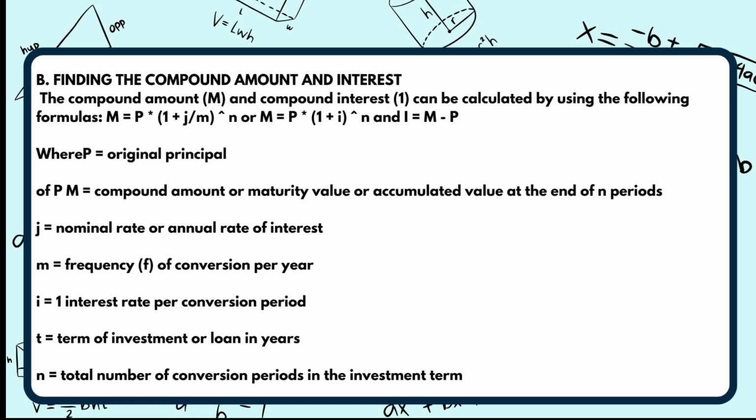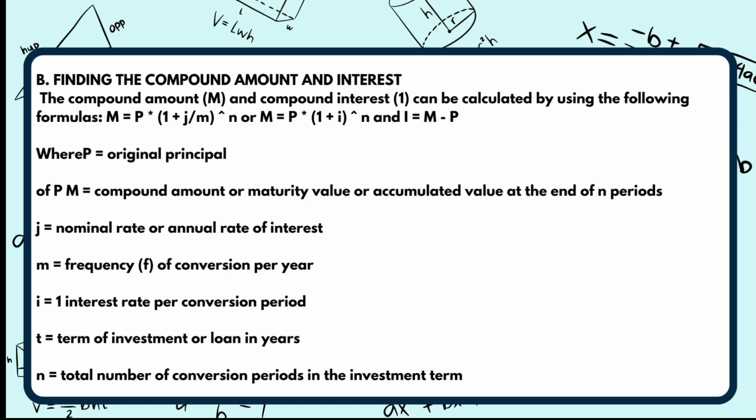And the number 3 is nominal rate. This is the interest rate that is stated for a year. It is denoted by G. For example, when we say G is equal to 8%, it means the interest rate is 8% per year.